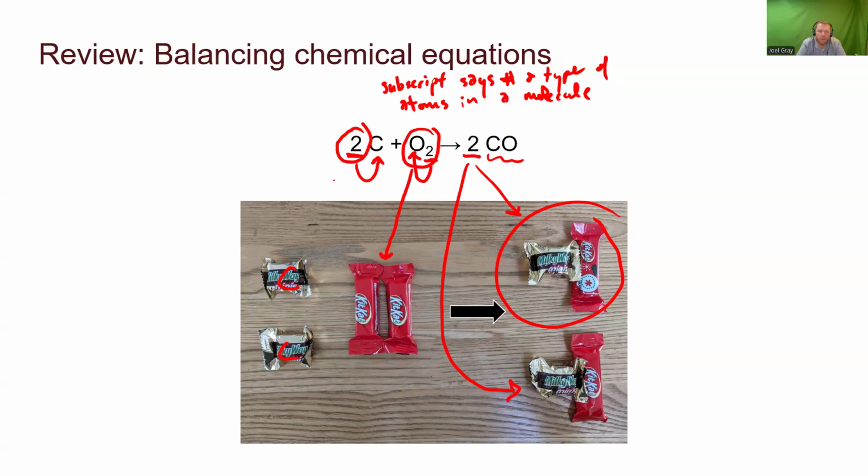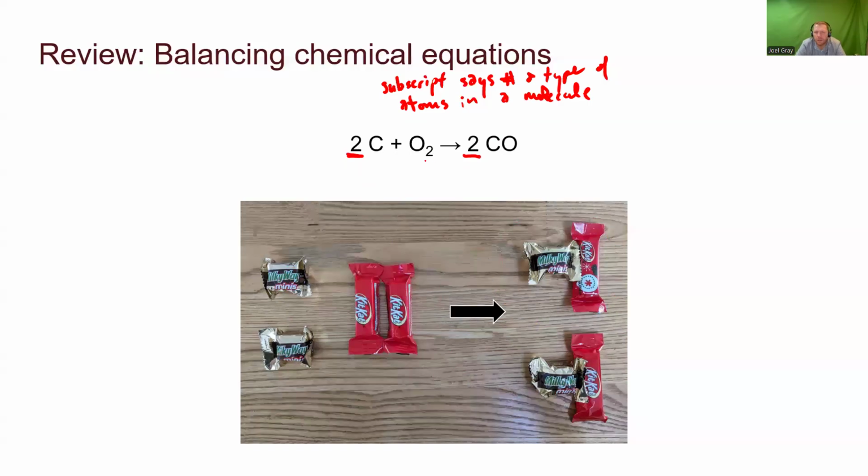So whenever it comes to balancing a chemical reaction, you are more than able to change the coefficients, but you cannot change the subscripts. The reason is that then you're changing the molecule. If you saw an unbalanced equation, C plus O2 yields CO2, and said, oh, I know how to balance it, I'm going to throw a 2 down here, balanced.